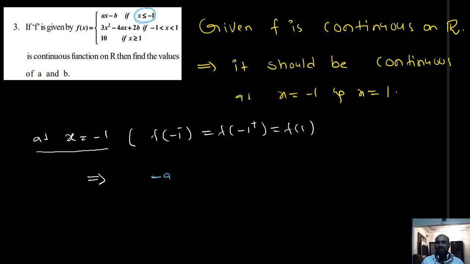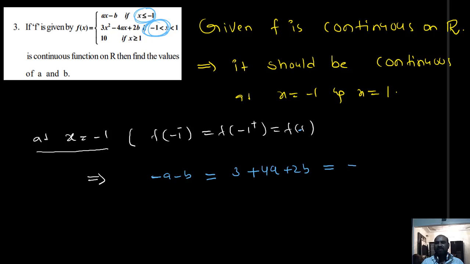That is -a - b, equal to f of -1 plus. In this rule, my x is greater than -1, and in that rule put x equal to -1. What we will get? That is taken as f of -1 plus. That is 3 + 4a + 2b. So f of -1, sorry, this is f of -1 from the first rule only.